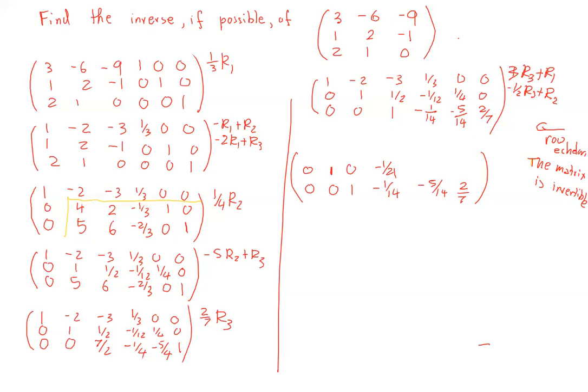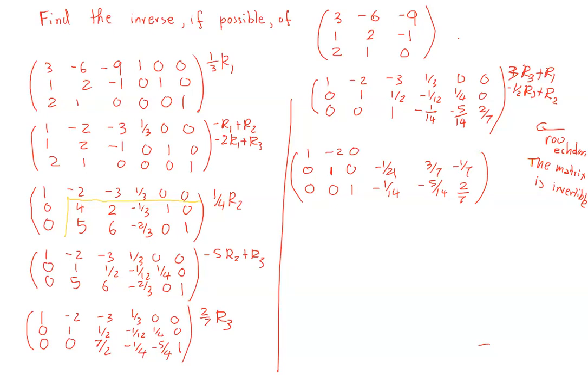That's 12/28, which is 3/7 right here. And finally, I have negative 1/7 here. And let's see what else I get. So I will get 1, -2, and then 0 here.